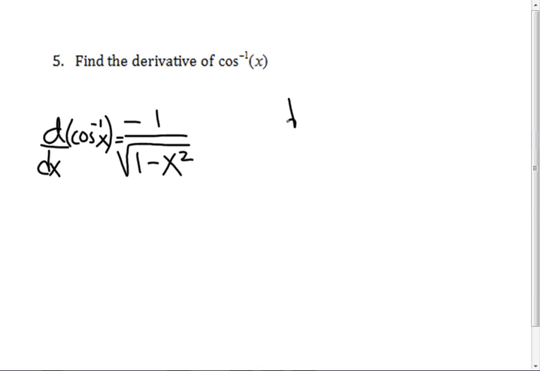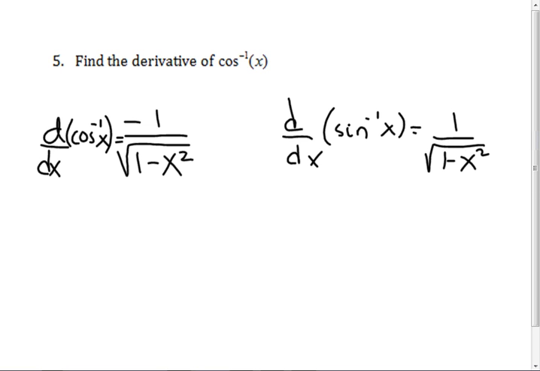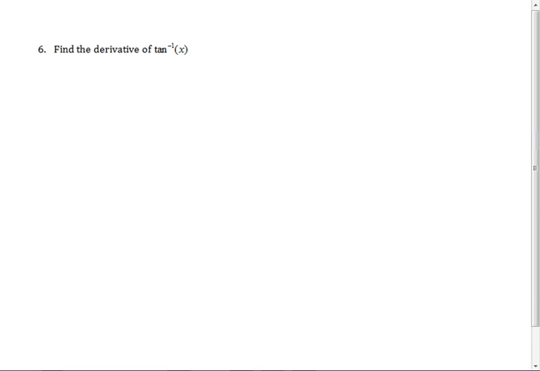The derivative of inverse sine is equal to positive. Remember, all the cofunctions are negative. Now, if you integrate this, you get 2 different answers, but they're going to be equivalent. Don't worry about it.